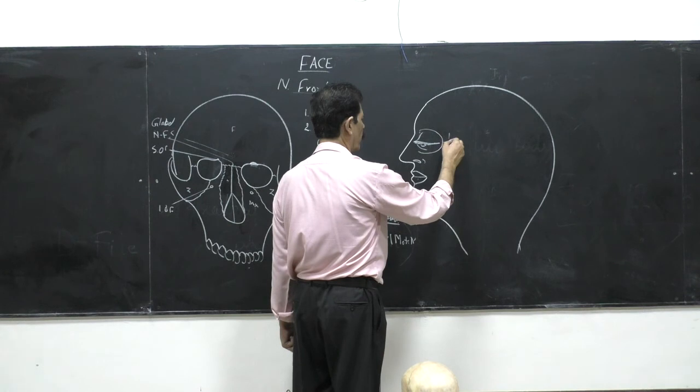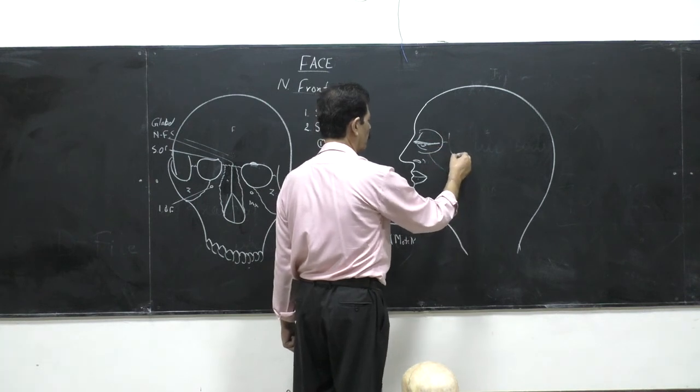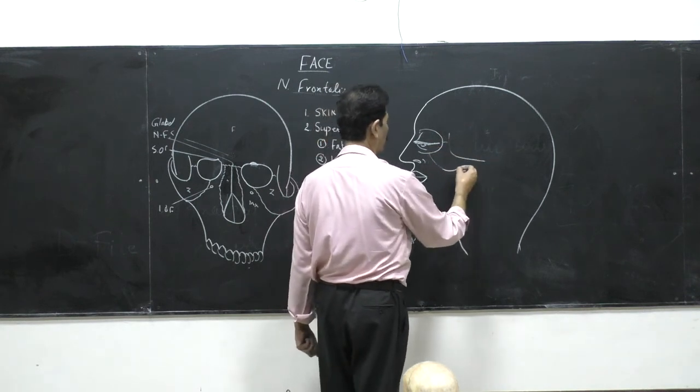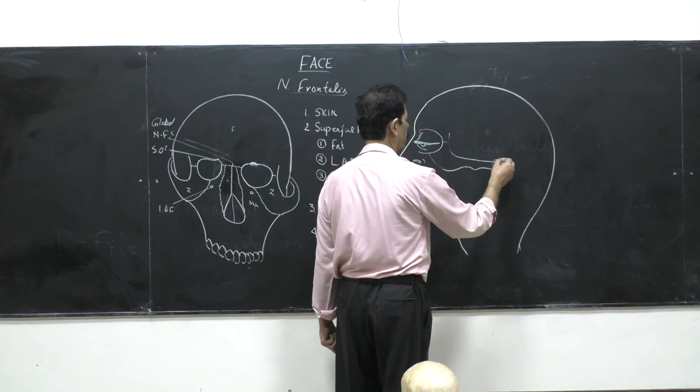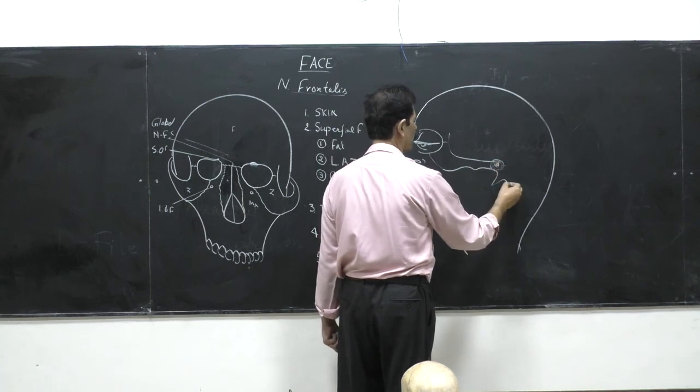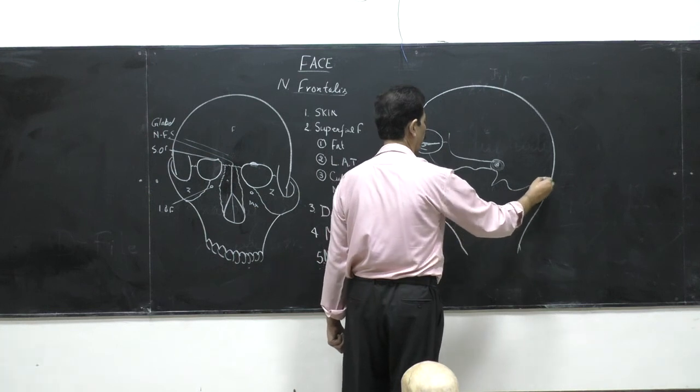With the zygomatic bone, bone of the cheek, with the zygomatic arch, external acoustic meatus with tympanic plates concentric. Below the styloid process, this is the mastoid process.